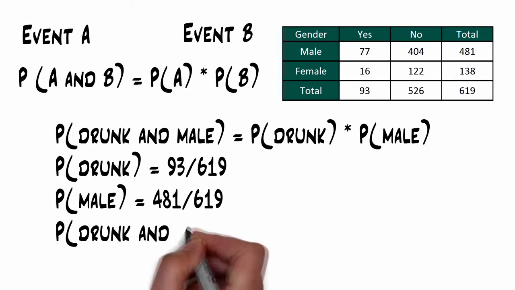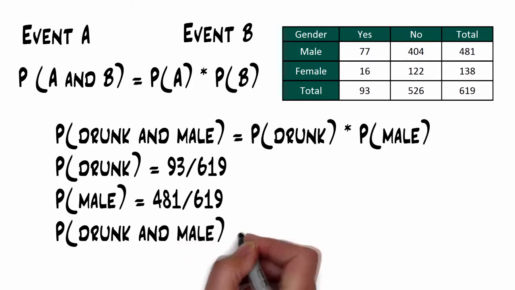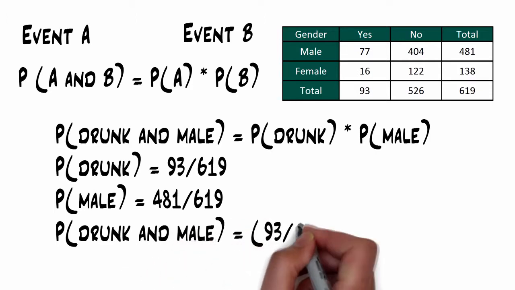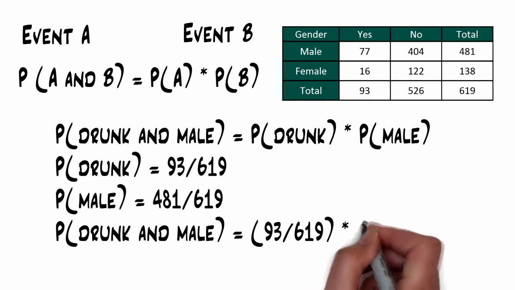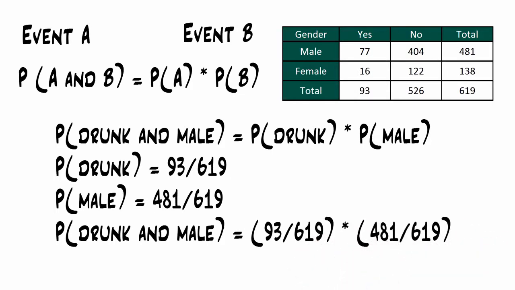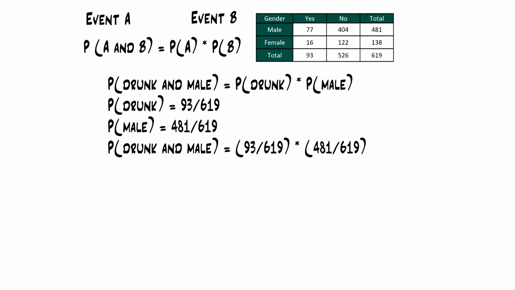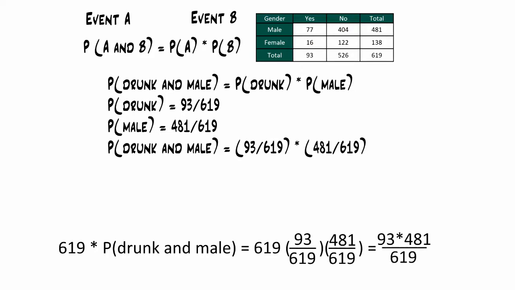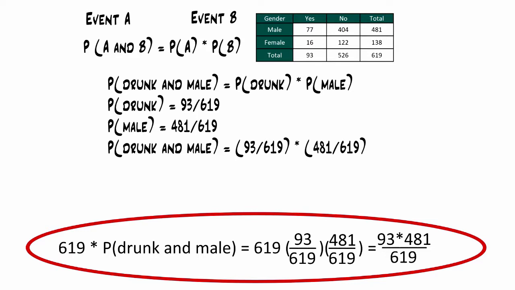So, the probability of being drunk and male is 93 divided by 619 times 481 divided by 619. Therefore, since there are a total of 619 drivers, if drunk driving and gender were independent, the count of drunk male drivers that we would expect to see is the following, circled here in red.